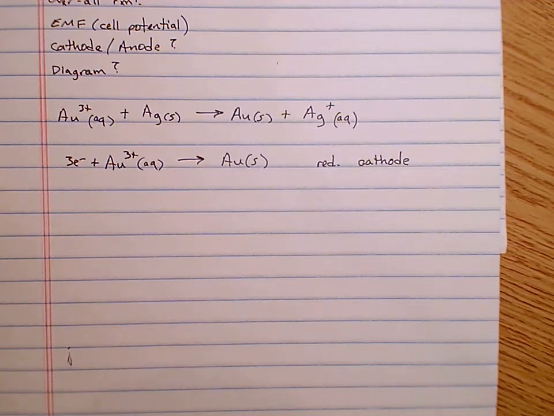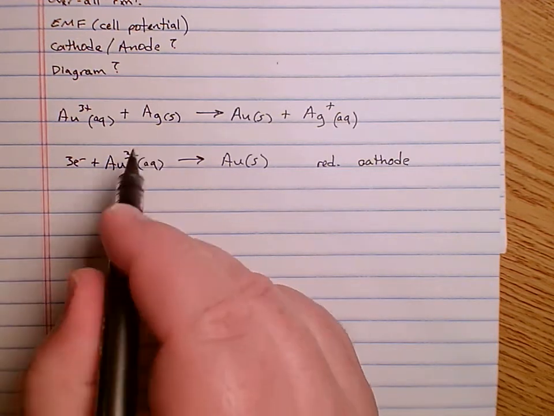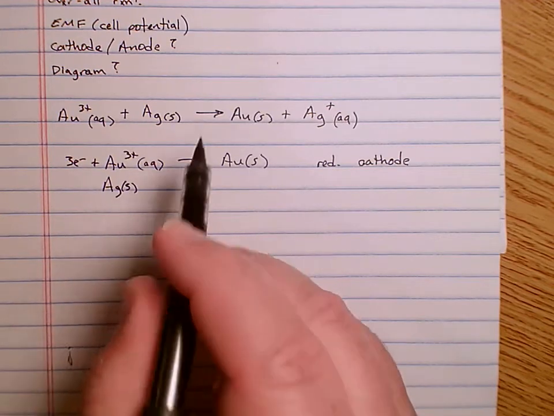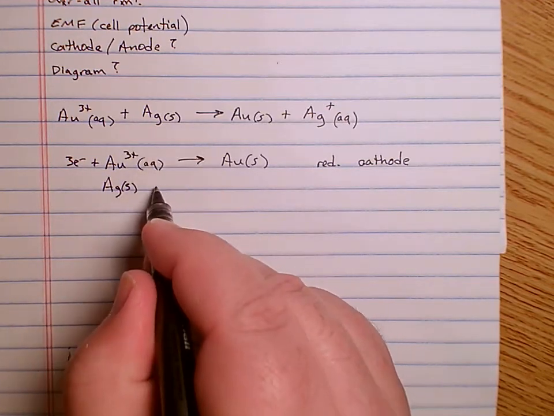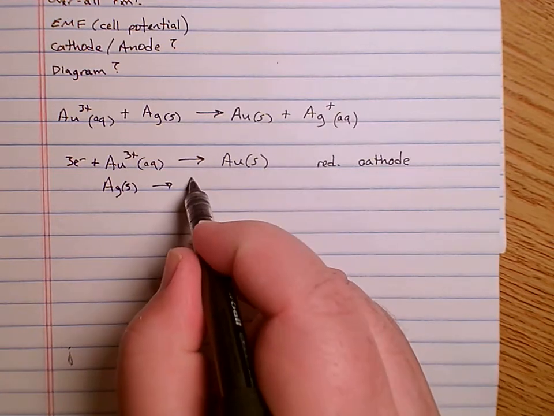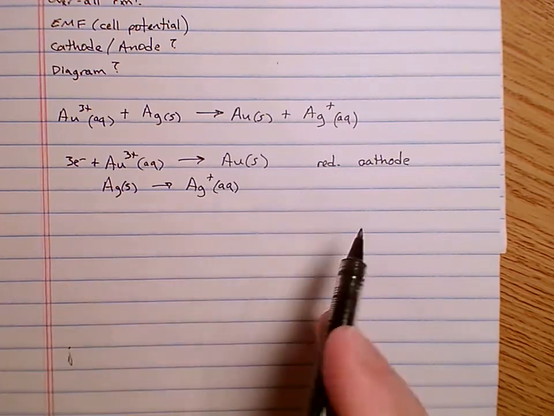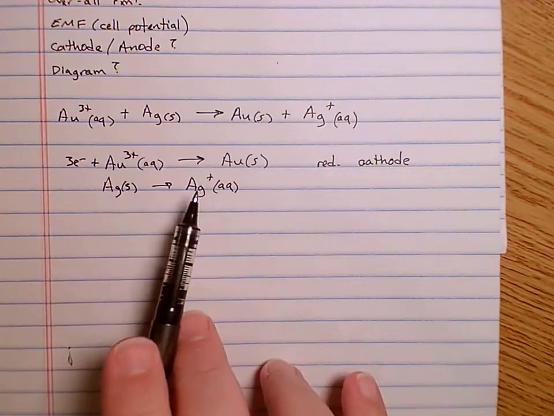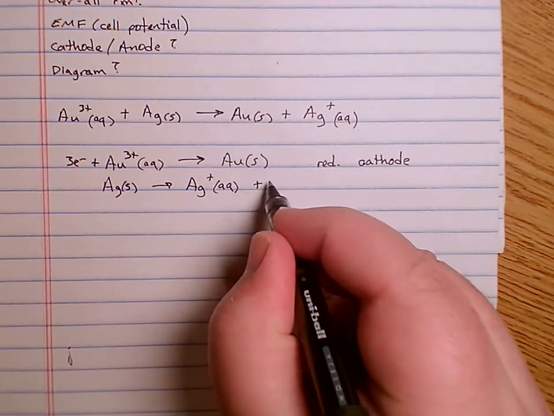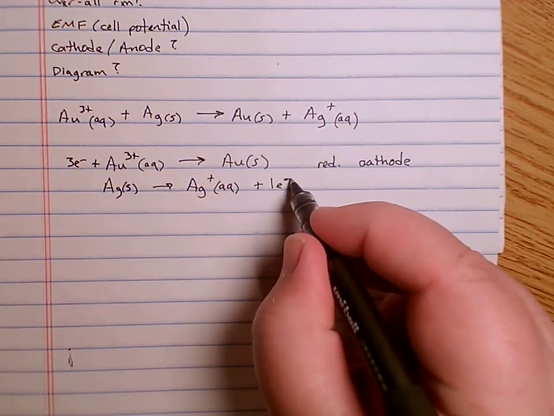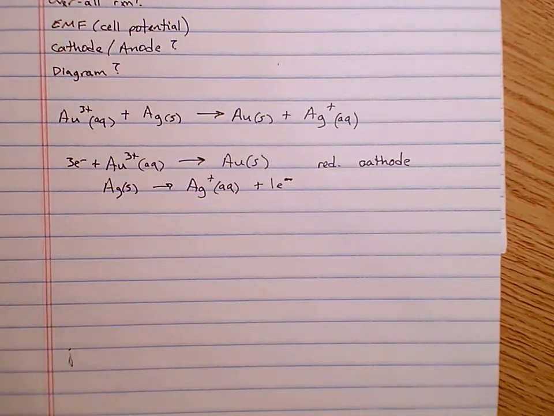What's our oxidation? Well, our oxidation has to be this silver solid reacting to form Ag plus, aqueous silver ions. And for charges, we can see neutral, plus 1. I need 1 electron over here. That's the long way. The shortcut would be look at that table of reduction potentials, and it told you that.